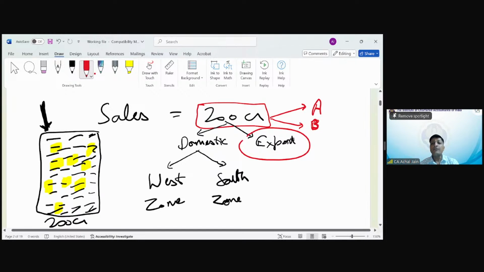None of the samples covered any sales transactions related to South Zone. None of the samples were selected for product B. Possible or not? Yes, sir. Possibilities are there. They may have got missed out.